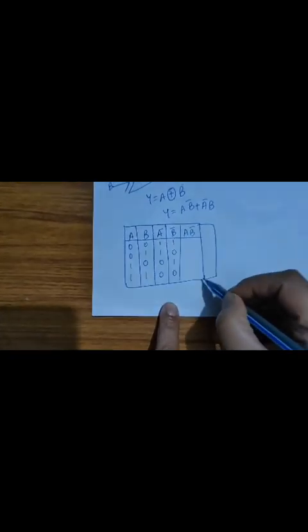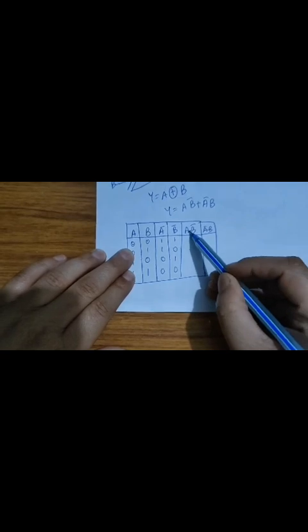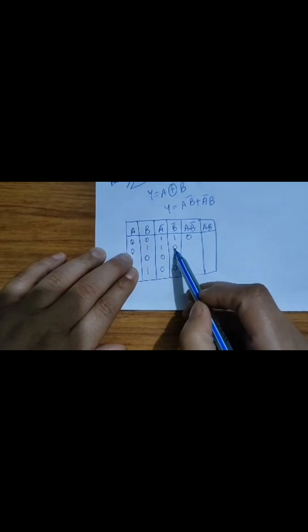So let's write A B bar also and A bar B also. So A B bar, this is dot sign, we have to do multiplication. So A B bar: 0 dot 1 will be 0, 0 dot 0 will be 0, 1 dot 1 will be 1, 1 dot 0 will be 0.